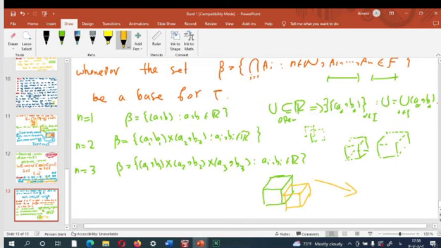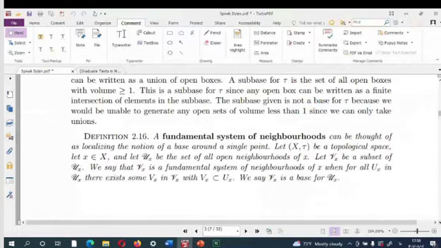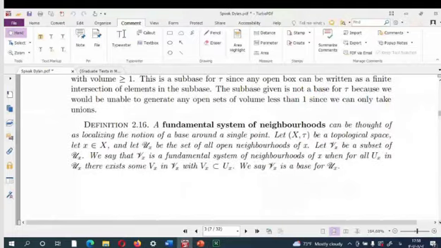So the set of all boxes with volume greater or equal 1 is a subbase for the Euclidean topology, for example. And we have this.